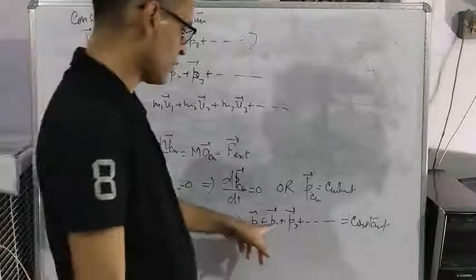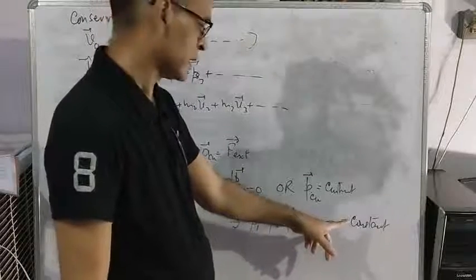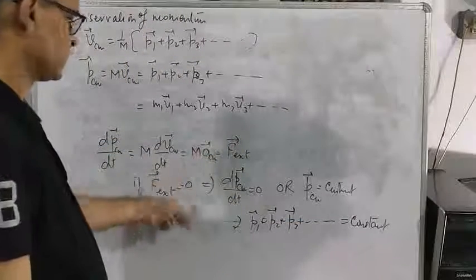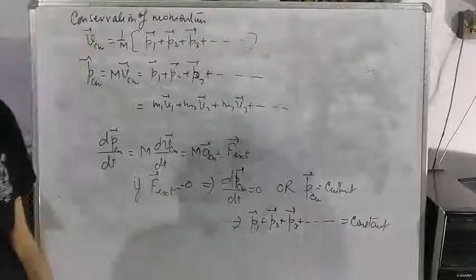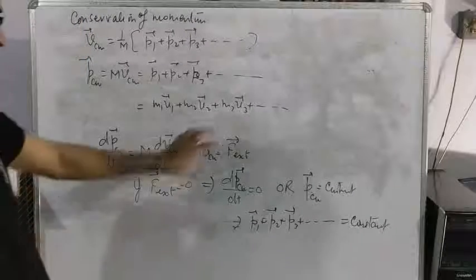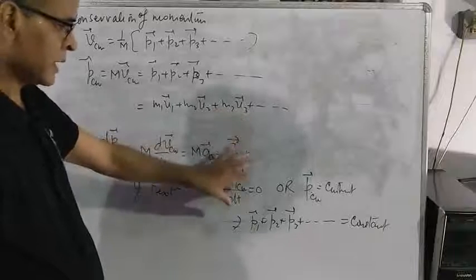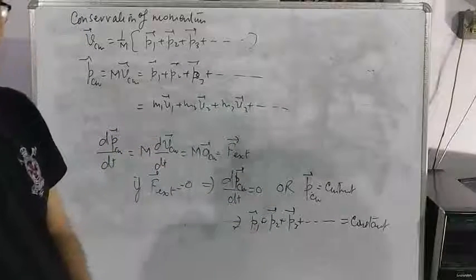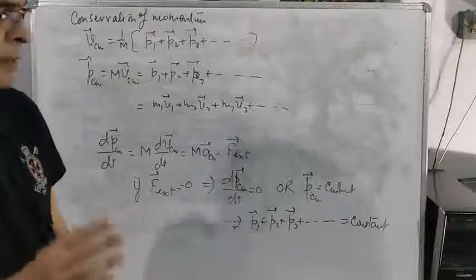It means the sum of momentum of all the particles of the body will remain constant if no external force is applied. This is called the law of conservation of momentum. I repeat, if no external force is applied on the body, then the momentum of the body will remain constant. That is, the sum of momenta of all the particles of the body will remain constant.